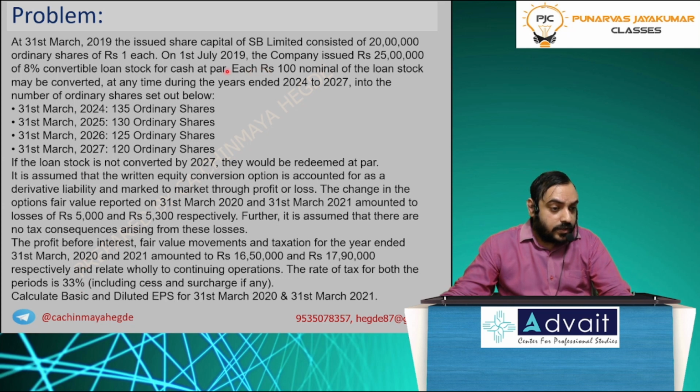So 100 into 8% into 67% into number of debentures. I think 25,000. Yeah, 25,000, or you could directly do 25 lakh into 8% into 67%.